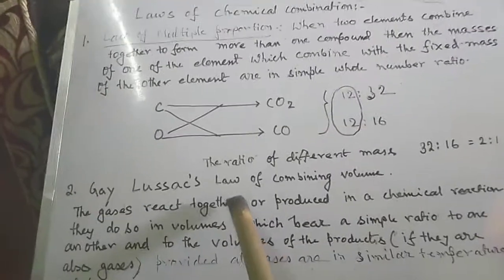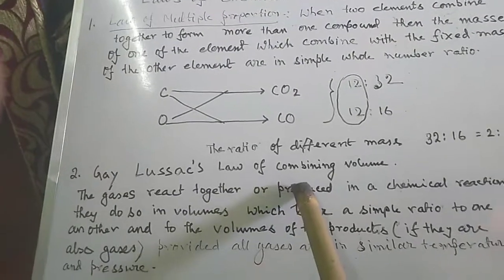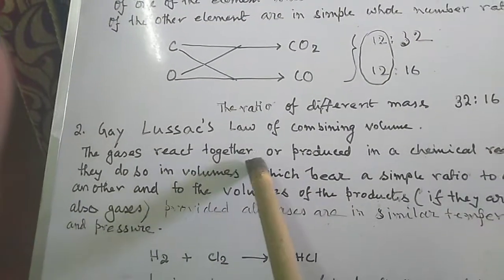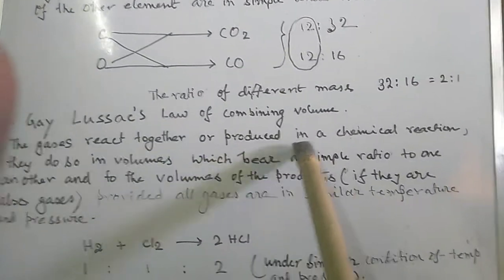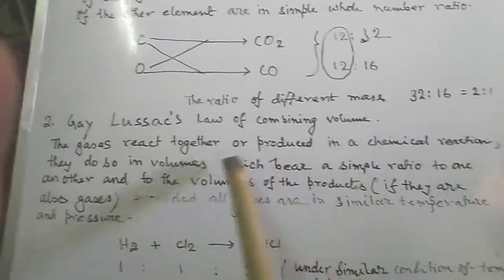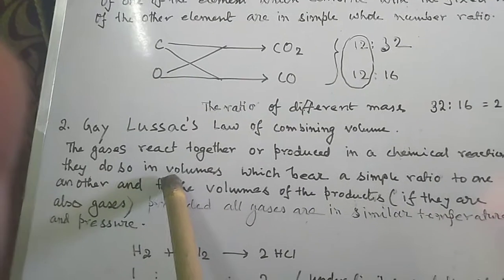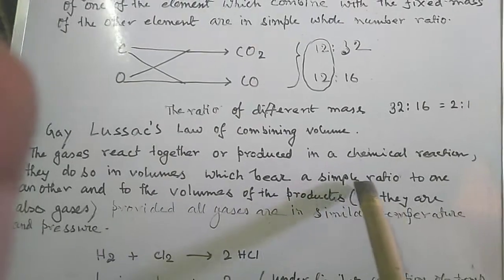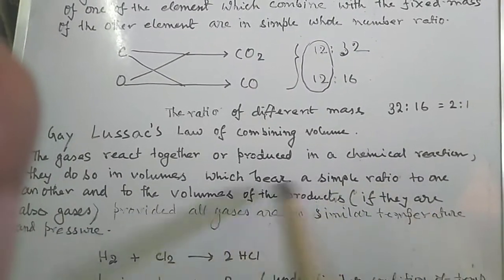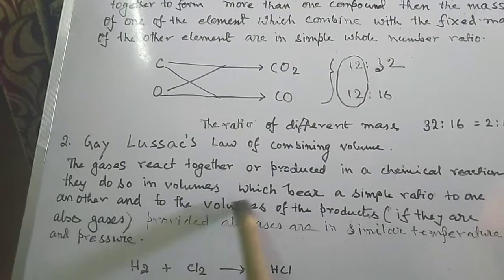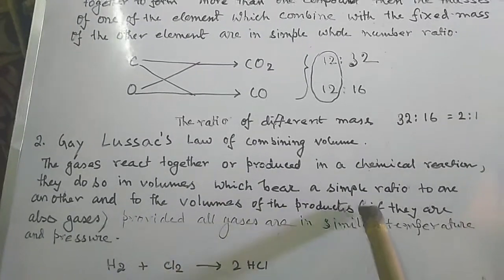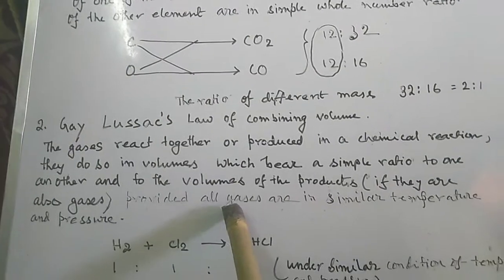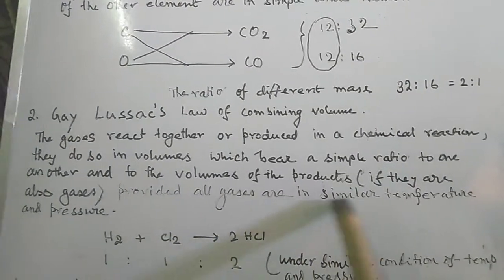Next is Gay-Lussac's law of combining volumes. Gases react together or are produced in a chemical reaction in volumes which bear a simple ratio to one another and to the volume of the product if the products are also gases, provided all the gases are under similar conditions.